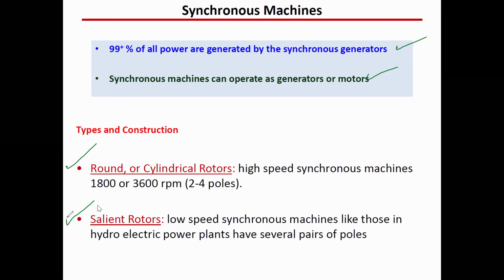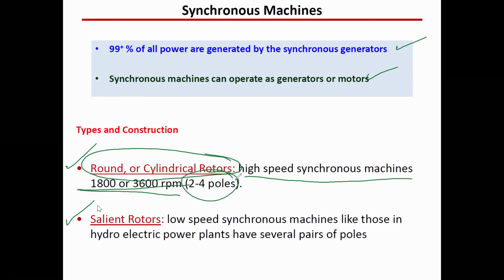The cylindrical rotor is used for high-speed synchronous machines. Remember that for the generator case, the input is mechanical, so there will be speed. If the speed is very high, usually we use this construction, which is called the round or cylindrical rotor. So we're talking about 1,800, 3,600 RPM, where the number of poles is low.